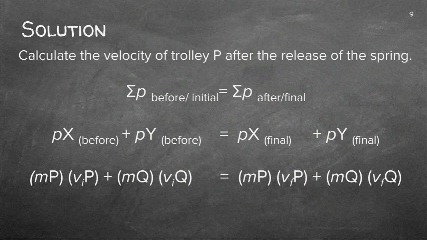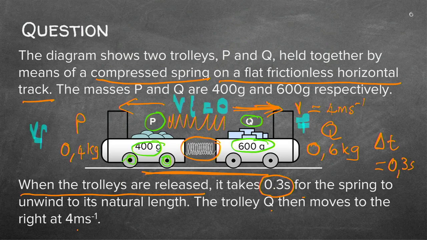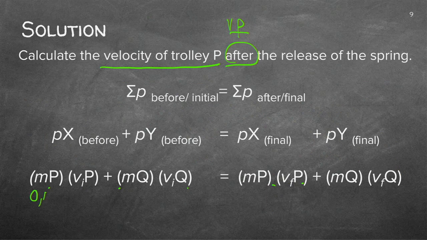Second question, calculate the velocity of trolley P after, VF. Now I know I've got P and Q. I took that equation and I modified it, and now I've got my calculations that I can do. So P has got a mass of 0.4 and Q has got a mass of 0.6. So 0.4 there, I know it was stationary, plus 0.6 here, and it was stationary.